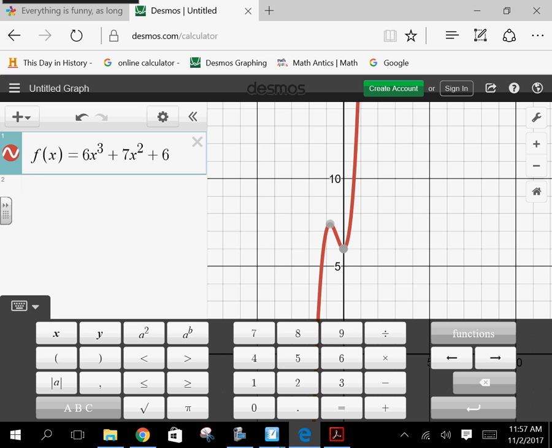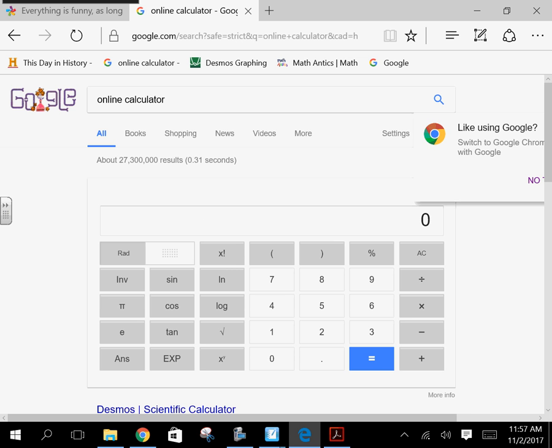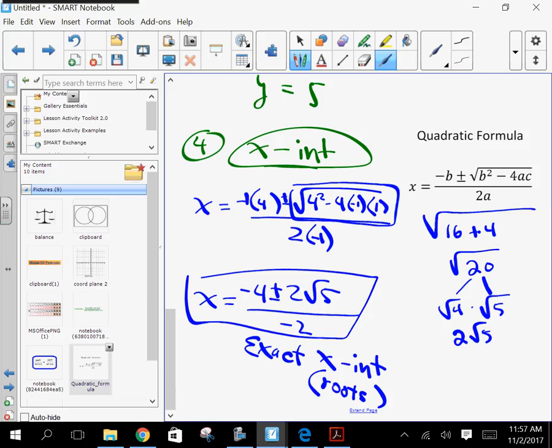Watch this. Here we go. I'm going to go ahead and type in the numerator. -4 plus 2 radical 5 divided by -2. That will be my first root.